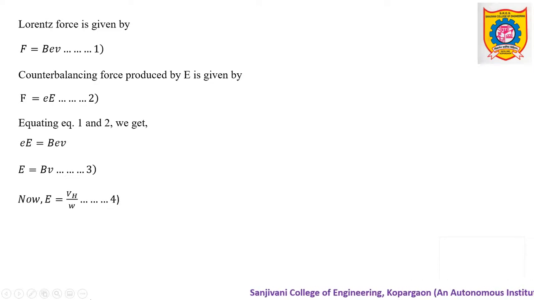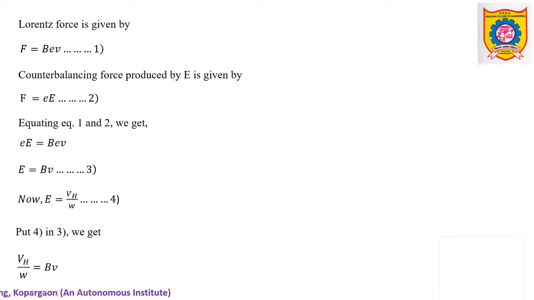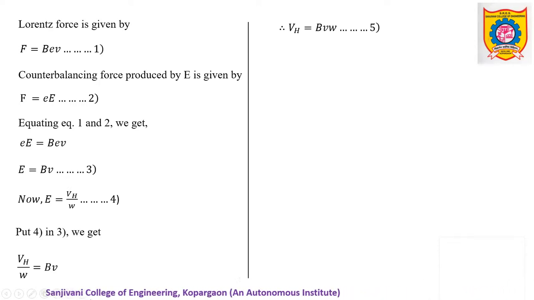Now electric field E is given by VH upon W. Let us put this value in equation 3. We can write VH upon W equals B into V, and therefore the expression for Hall voltage becomes VH equals BVW. Now in this expression 5, B is practically measurable, and width is also measurable.